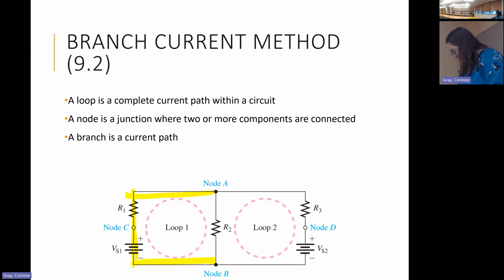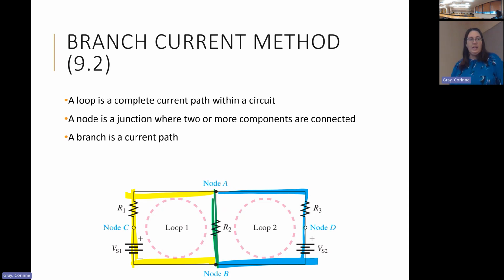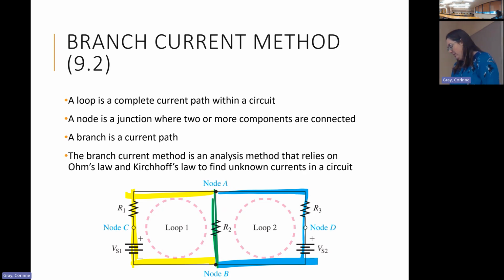And if we look at the right, everything over here shares one current value. And in the middle, you would have a third current value here. When you have this type of circuit, it is very beneficial to label things. Keep that labeling method, that way I know what you are doing.